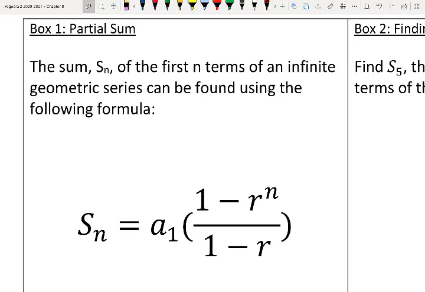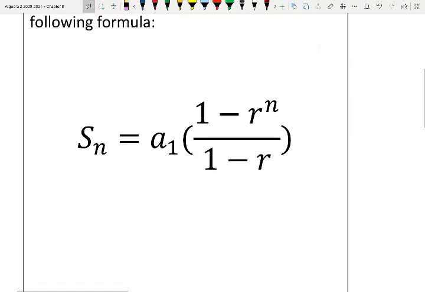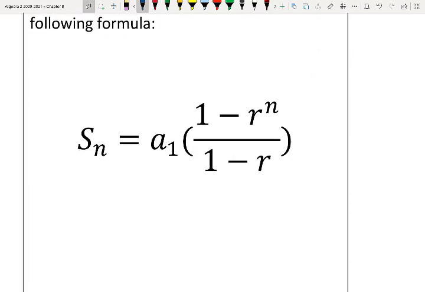So in this one, it's the exact same formula we looked at in 8.3. This was the formula we used for a sum of a finite geometric series, because that's really all a partial sum is. We're just taking that infinite series and cutting it off at a certain point and finding the sum of the first n terms. So here, all the same things. A sub 1 is still my first term of my sequence.